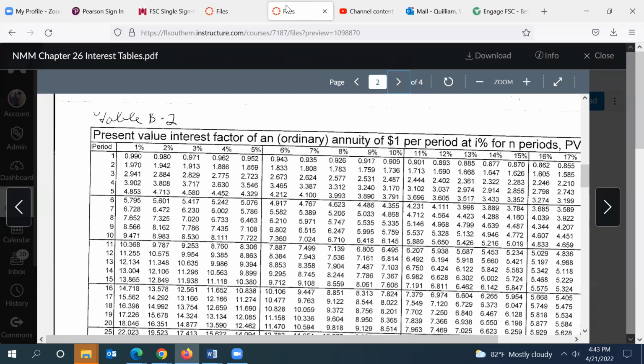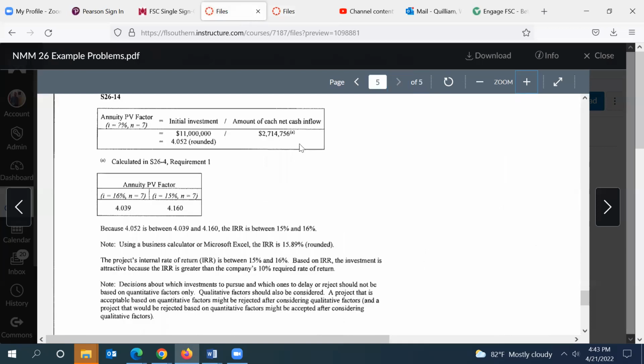So let's look at the other file. Okay, we found this interest factor. They give us annuity present value factors. They give us two of them, one for 16%, one for 15%, the same ones we saw on the table. And it's really, really close to this one here for 16%.